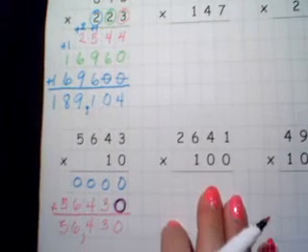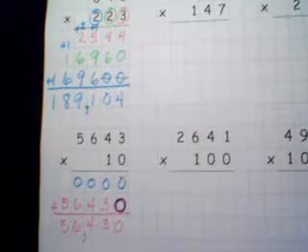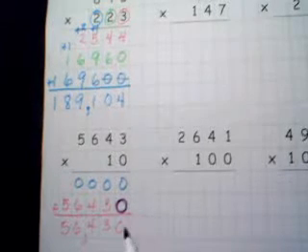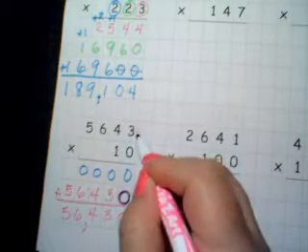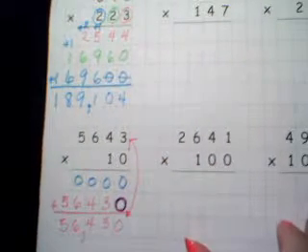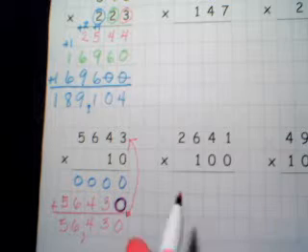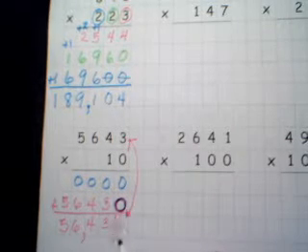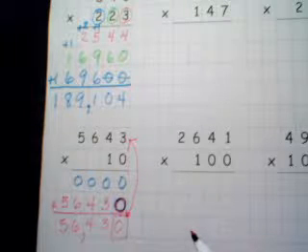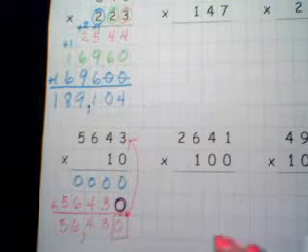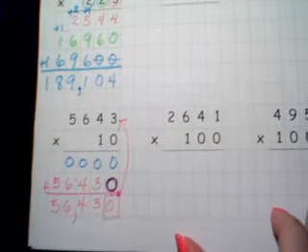54,430. Okay? Now, if you look at that number, what do these two numbers have in common? Okay? All the digits are the same, except for what? Except for this one. There's a 0 added. So, let's take a guess.